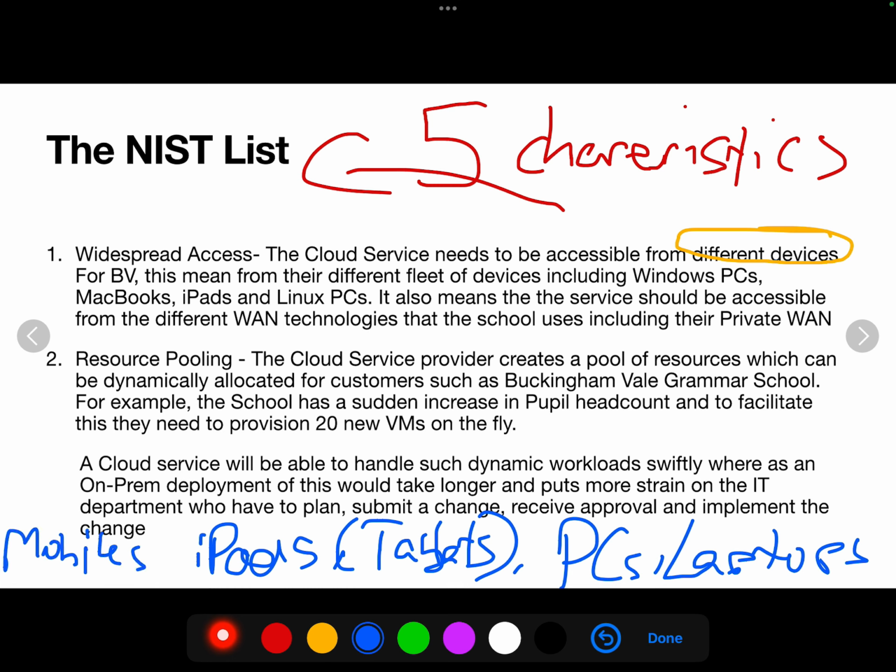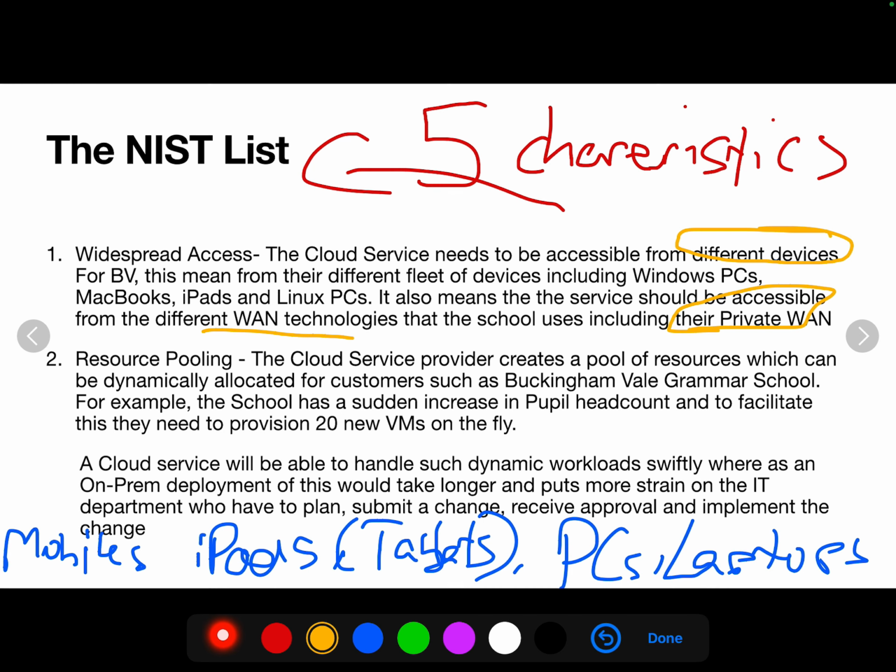So that's all important. So okay, the service should be accessible from different WAN technologies as well. So the school uses a private WAN, so they should be able to access the cloud service from the private WAN. That's important. Now, resource pooling. So cloud service providers create a pool of resources, and they can be dynamically allocated for customers, such as a school, but others as well.